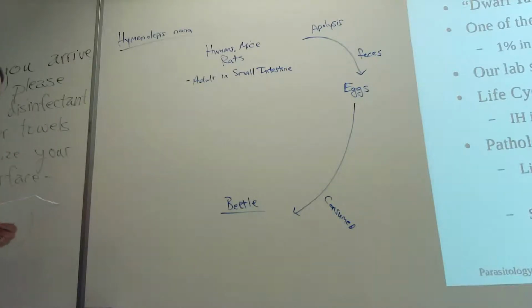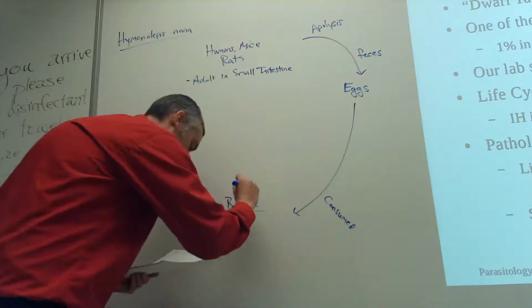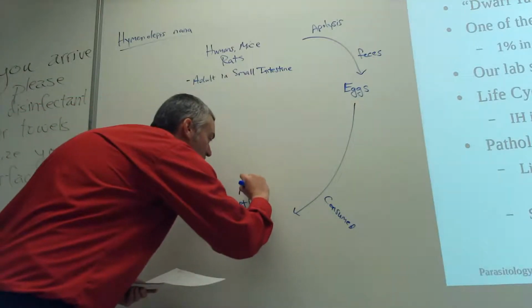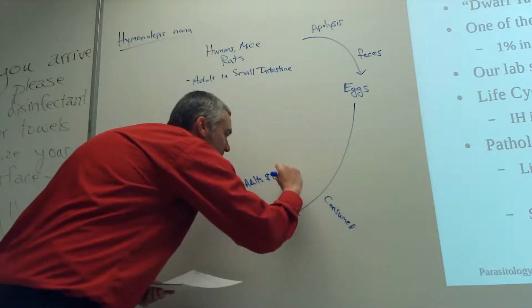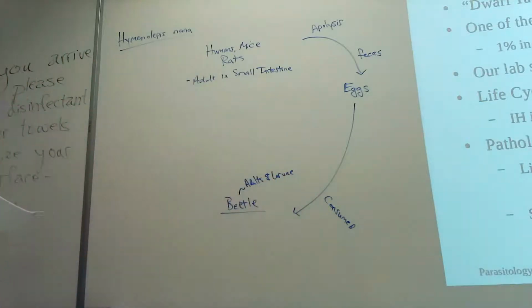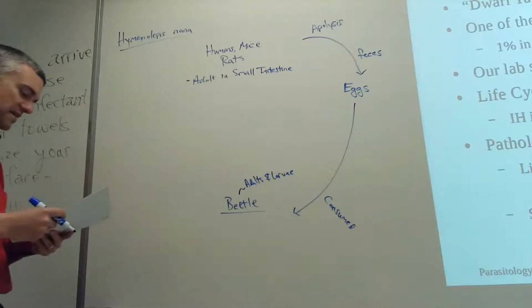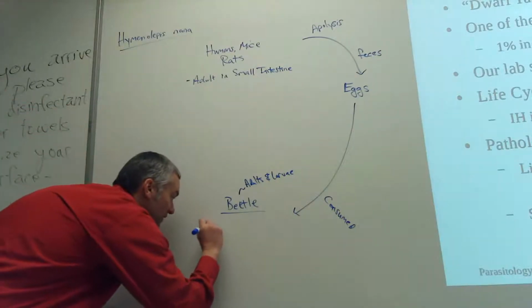So inside the beetle, and the beetles, both adults and larvae, larval stages or the adults can have it. Now inside the beetle, you're going to have your oncosphere.